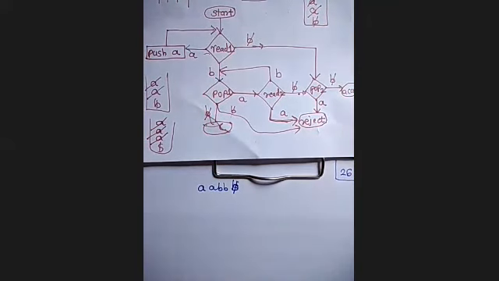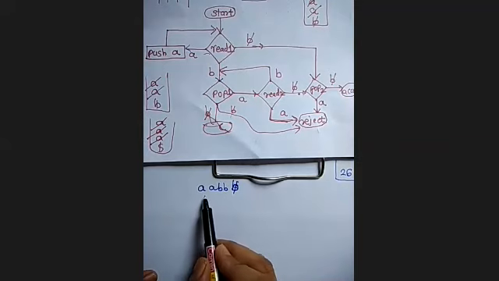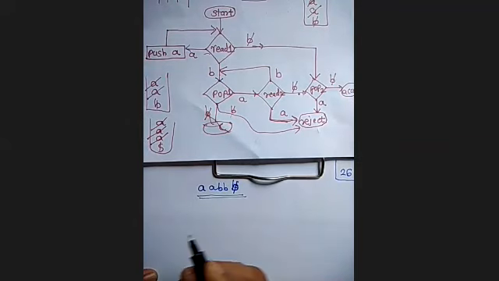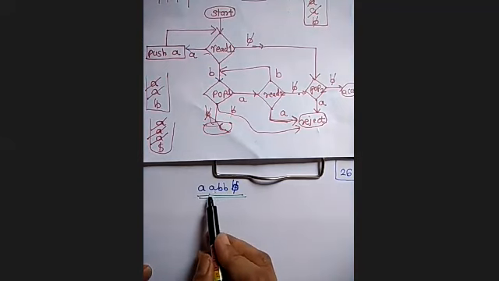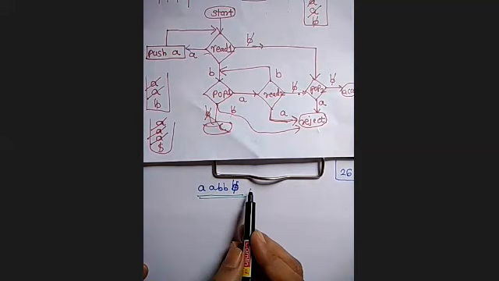Our input is AA, BB, ending with the blank. And we know that here at the end, this should be accepted, no? This is satisfying the criteria, a to the power n, b to the power n, and at the end, there is a blank character.